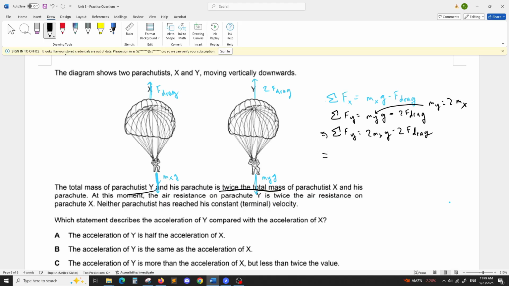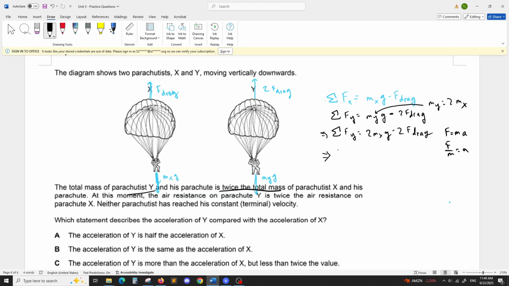So you know that F equals ma, right? Since this is our resultant force, we only need to divide by our total mass to get a.